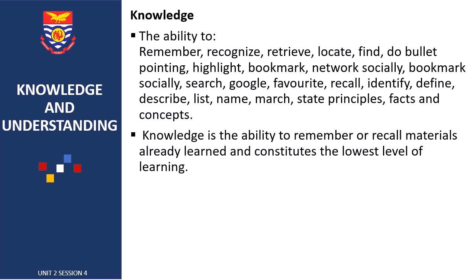When we say knowledge, what do we mean by knowledge? If you are formulating specific objectives, how do you do that? When somebody has knowledge, it means you have the ability to remember, recognize, retrieve, locate, find.